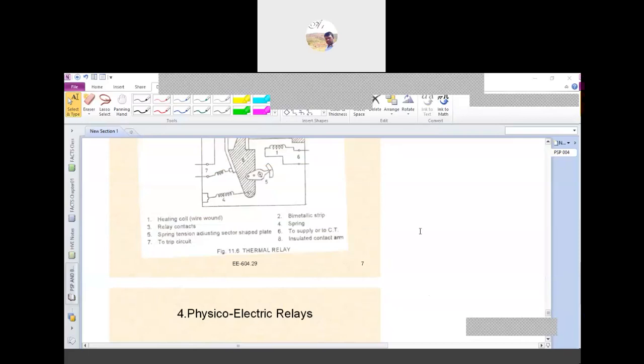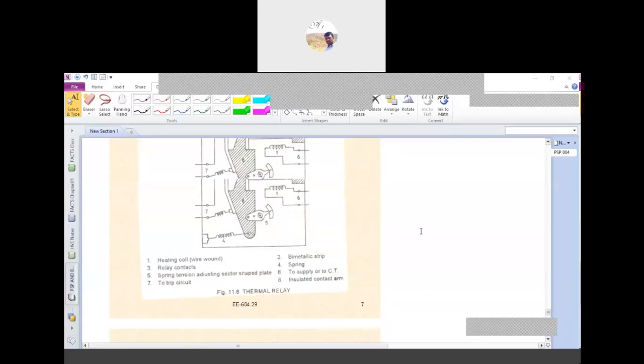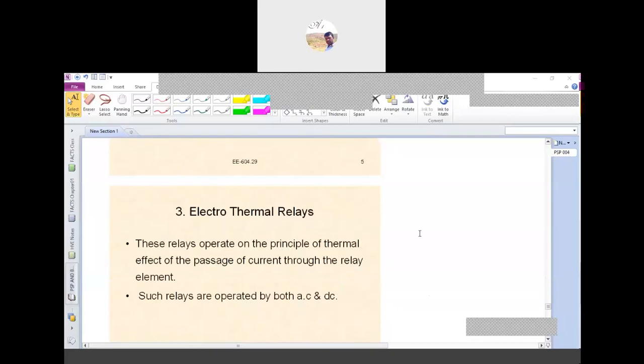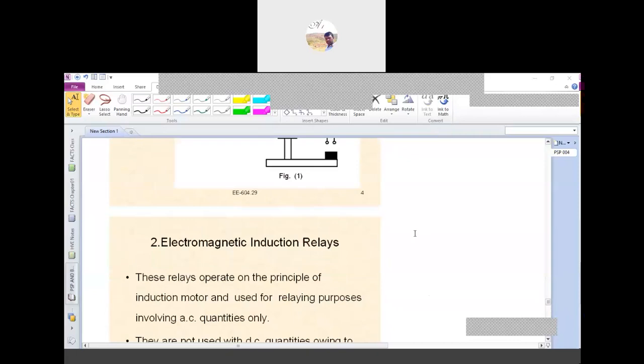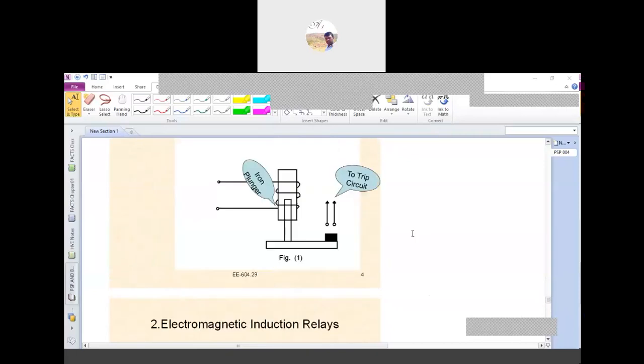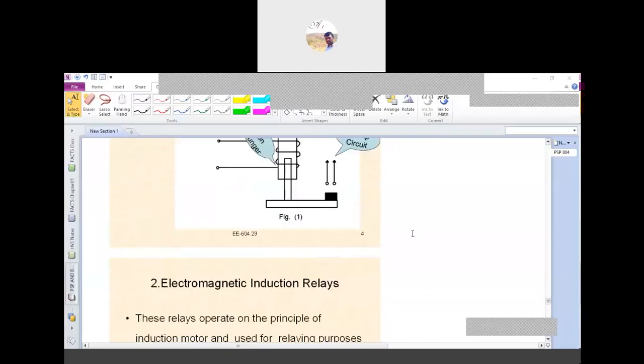In the classification, we also have another one based upon the function: overcurrent relay, under voltage relay, impedance relay, under frequency relay, and directional relays.